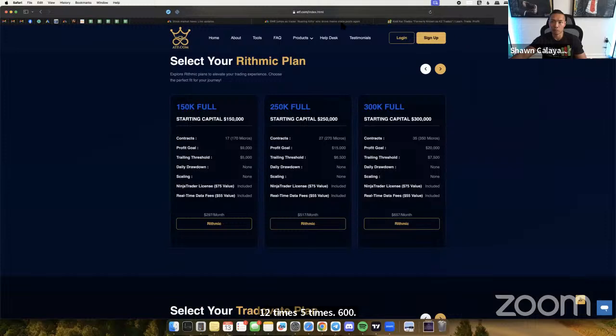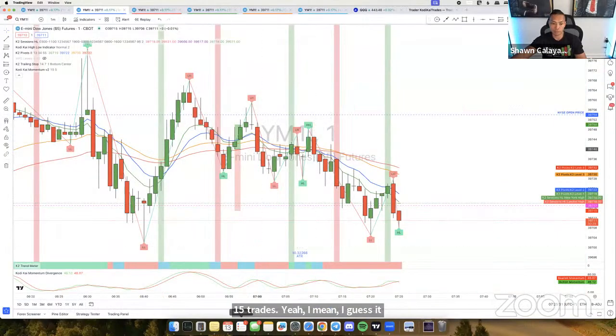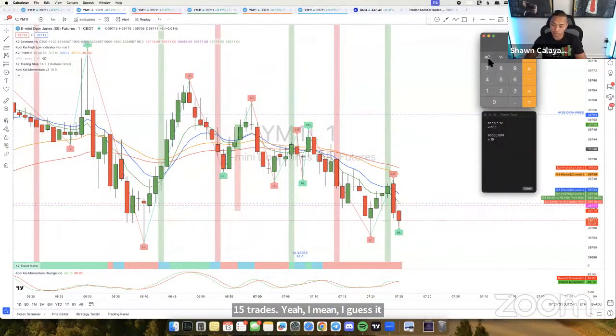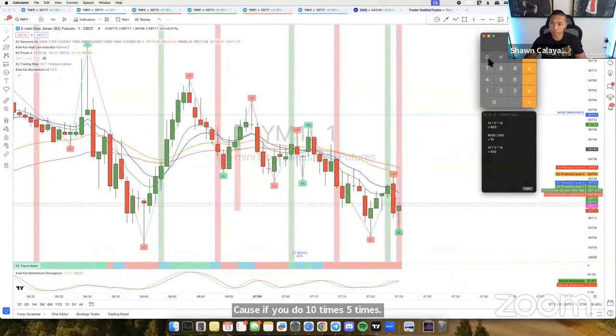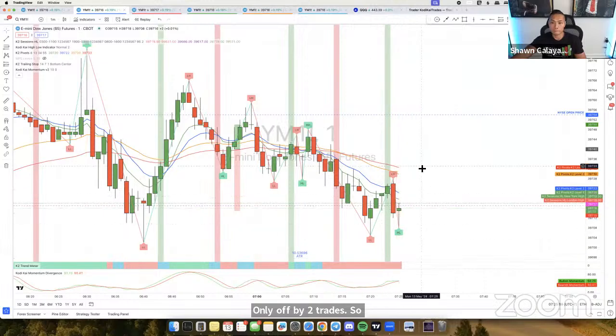Yeah, I guess it works. It just depends on how fast you want to do it. Because if you do 10 times 5 times 10, 500, I'm only off by like two trades. So it's just up to preference.